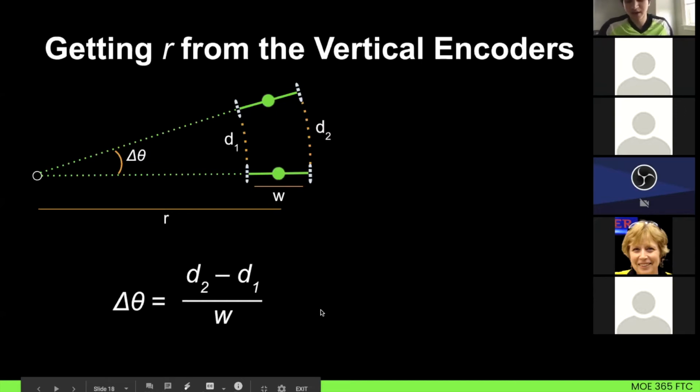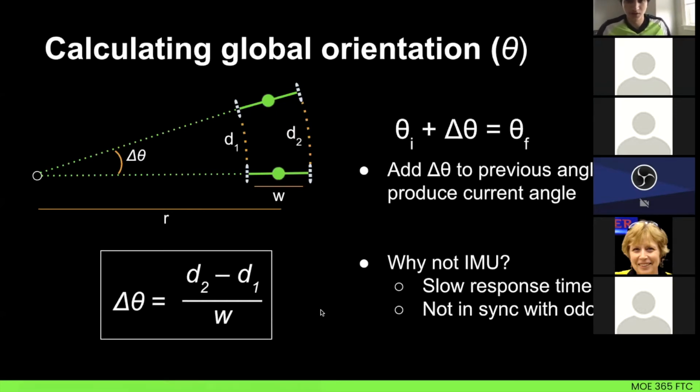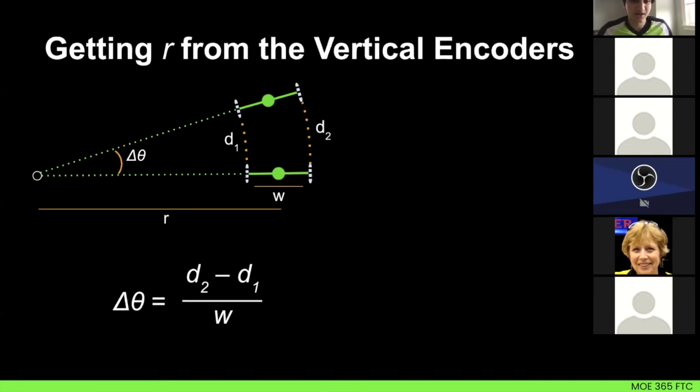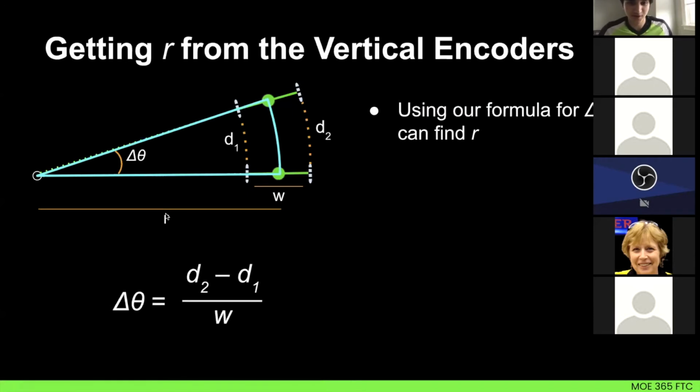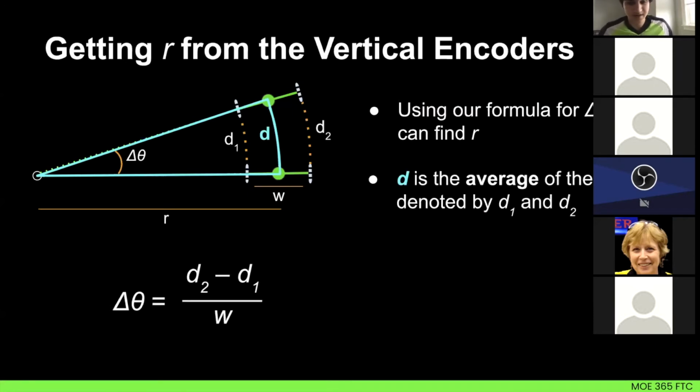So now that we know how to calculate the global orientation theta from our encoders, we need to figure out how to calculate R from the vertical encoders. That's that quantity right here, R. Using our formula for theta, we can actually find R because we know the arc length formula. D would be the average of the arcs denoted by D1 and D2.